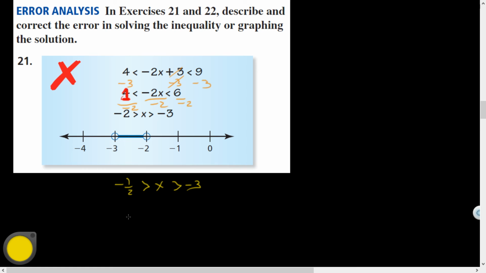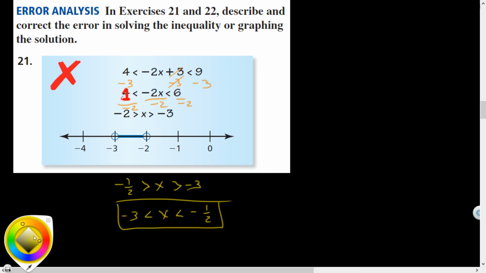And then I would have written this from least to greatest. Negative 3 is less than x is less than negative a half, is what I would have done. Did they graph theirs correct? Yeah, x was between negative 3 and negative 2. Ours would have been similar, except our negative a half would have been over here. So something like that. Good stuff.